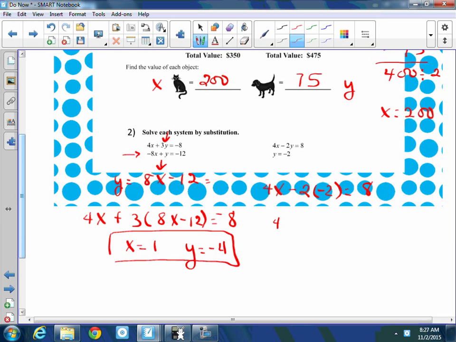That's 4x plus 4 equals 8. Minus 4, divided by 4, and x equals 1. You've got the y, you've got the x, and we're done. We're moving on. We're good? All right. New paper managers?